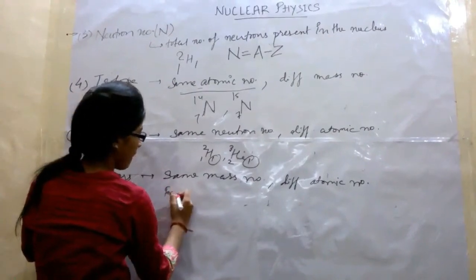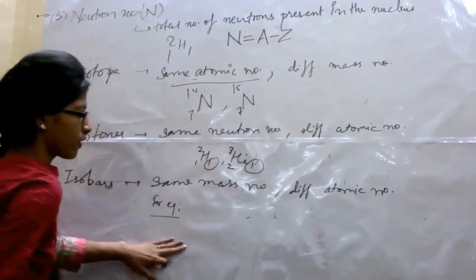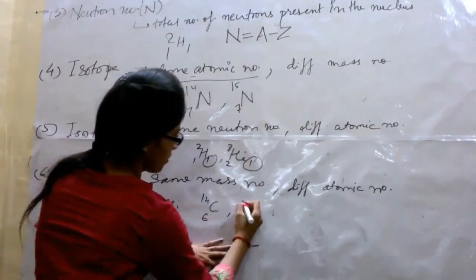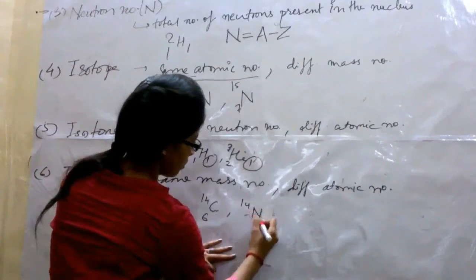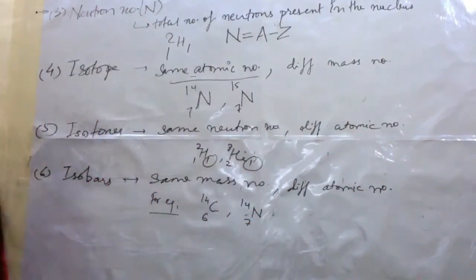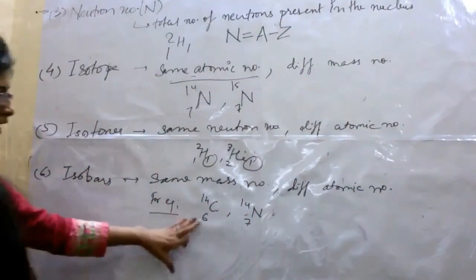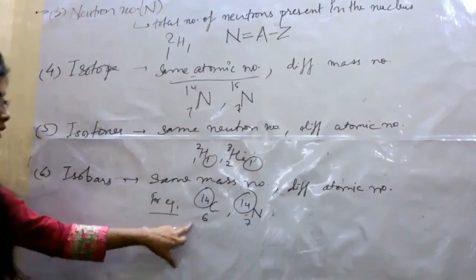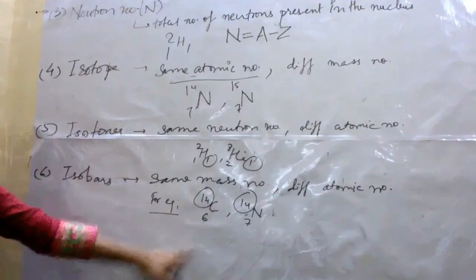For example, these are isobars. Here you can see mass numbers same, atomic numbers different.